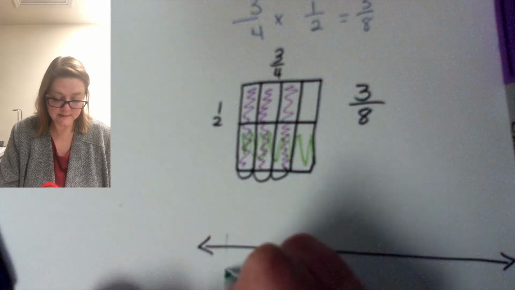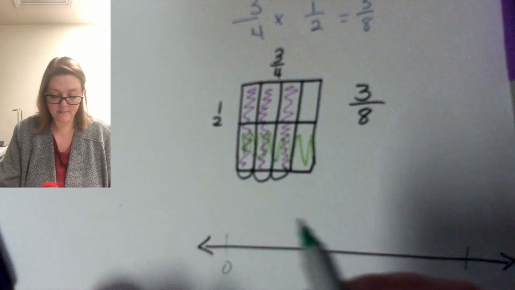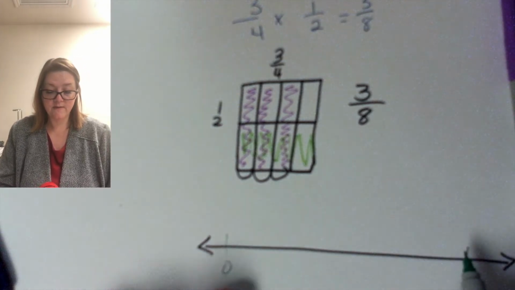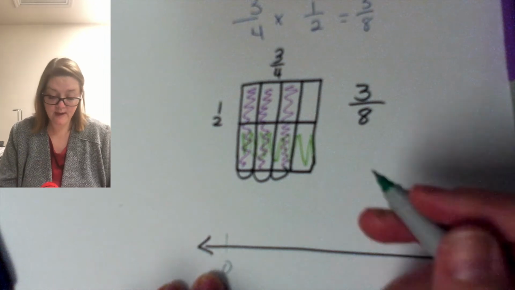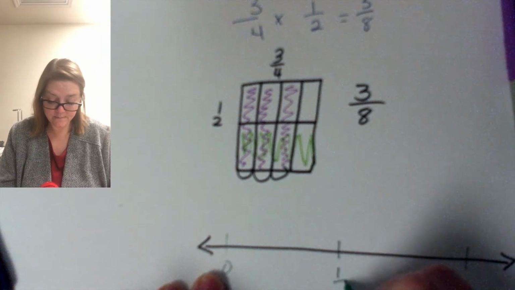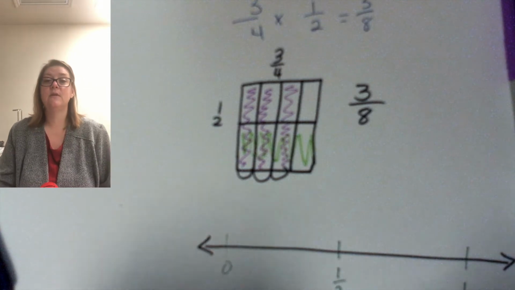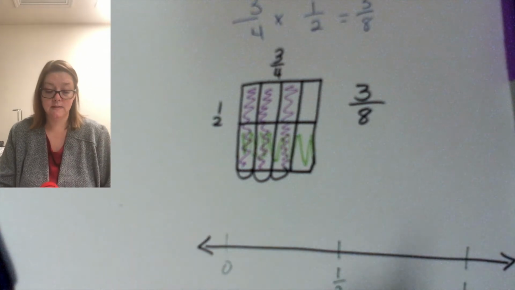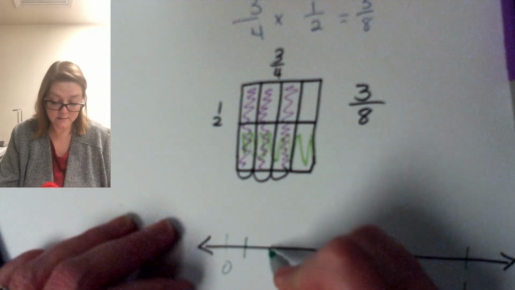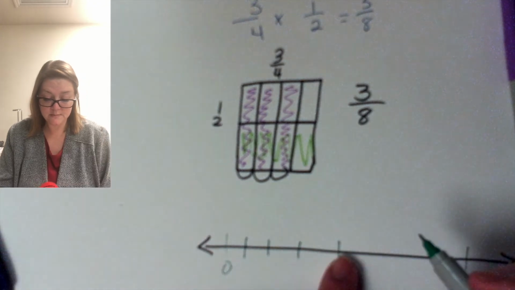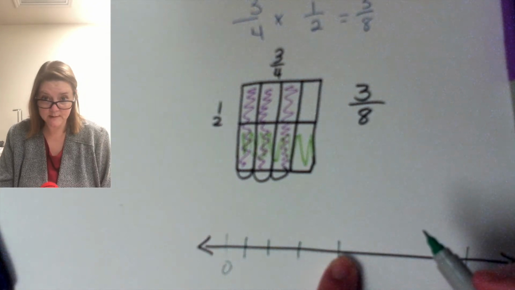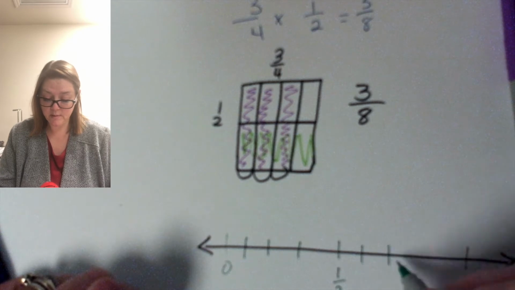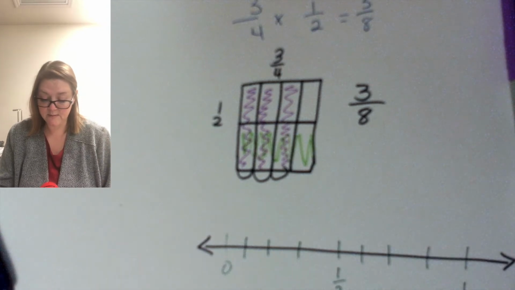So if I'm doing this, this is 0, and this is 1. And I'm making 3/4 of a half. My half is here. Now, I have to do 3/4 inside of this, right? So if I go 1, 2, 3, this becomes my 4/4 at this point, right? But remember, we're doing this out of a whole, which means this becomes 8/8.